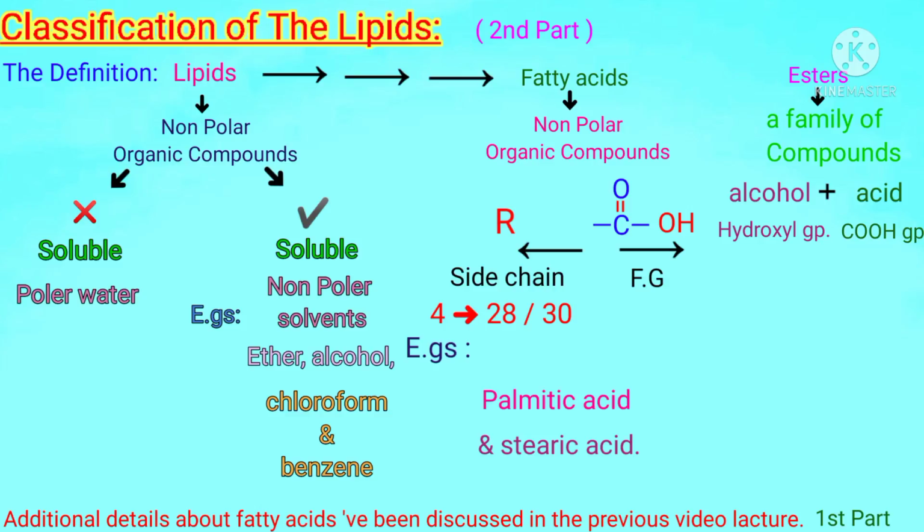So when an acid possessing a COOH group combines with an alcohol possessing an OH group, then we will obtain an ester whose general structure is R C double bond O OR. So students, this is the general formula of an ester.